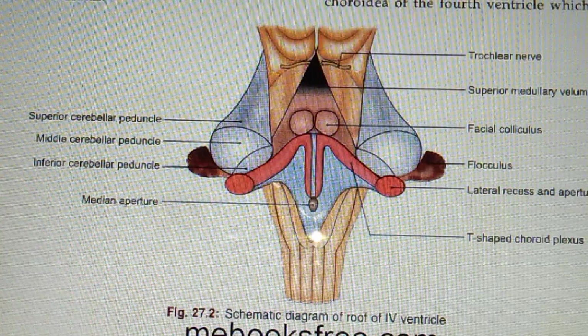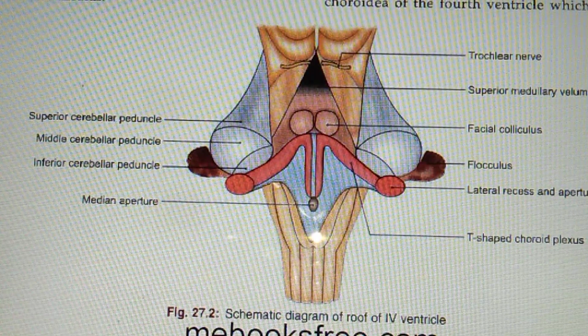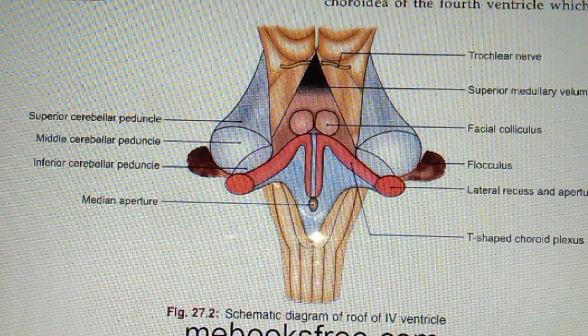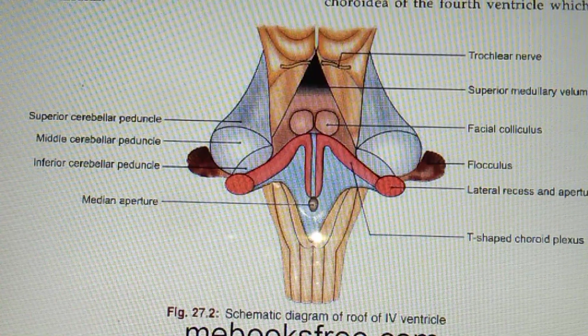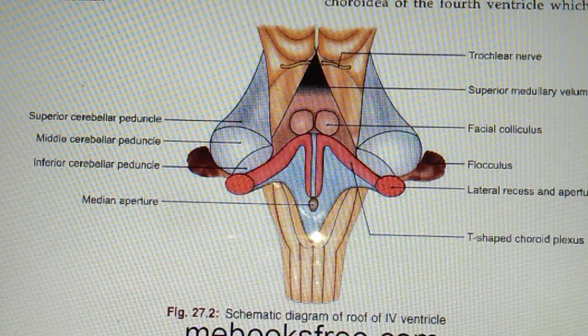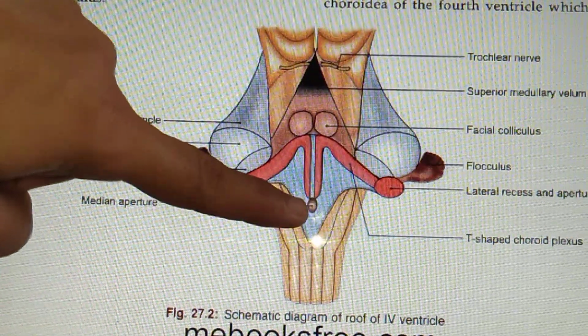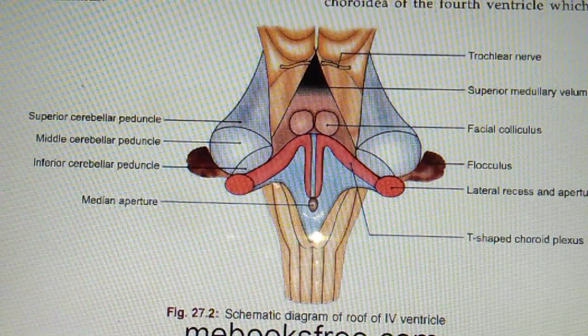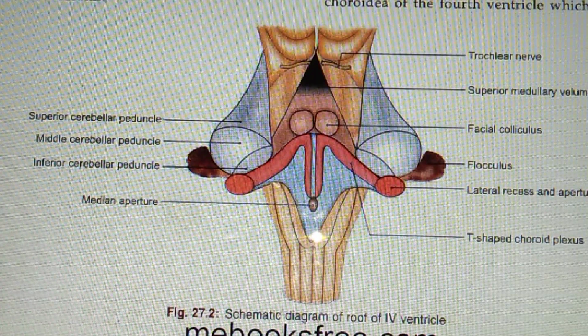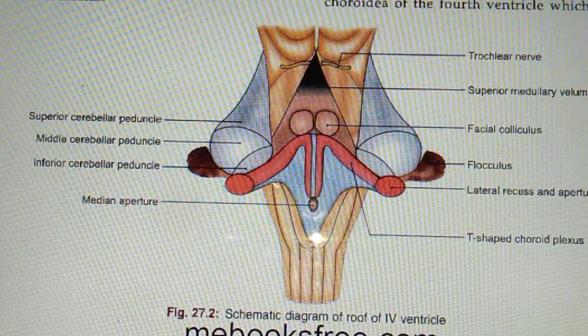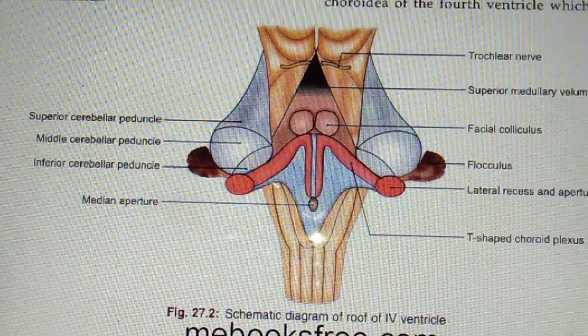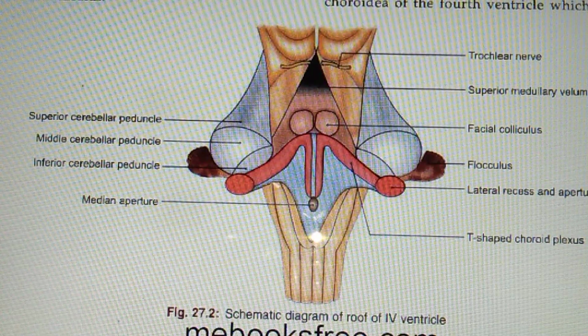So the lower part of the roof is formed by the tela choroidea of the fourth ventricle. Caudally, the continuity of the sheet is broken by a gap termed the median aperture, through which the cavity of the ventricle communicates freely with the subarachnoid space in the region of the cerebellomedullary cistern.